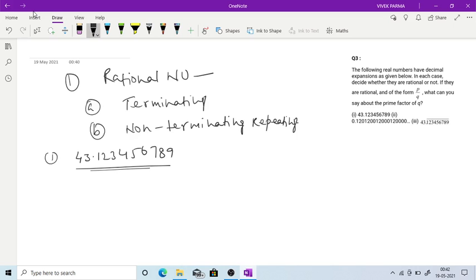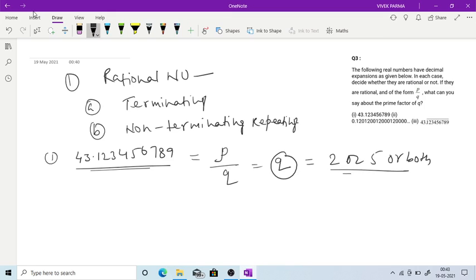It means the decimal expansion is terminating and it can be written as p upon q, right? And the factors of this q will be 2 or 5 or both, right? Because this is a terminating decimal expansion.